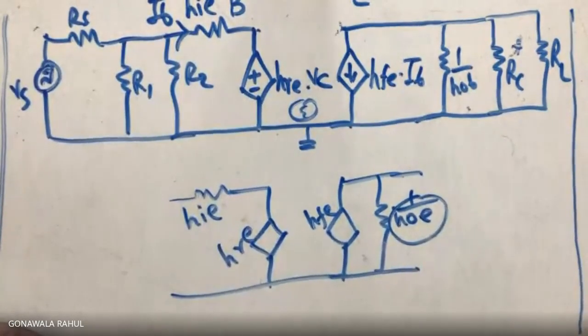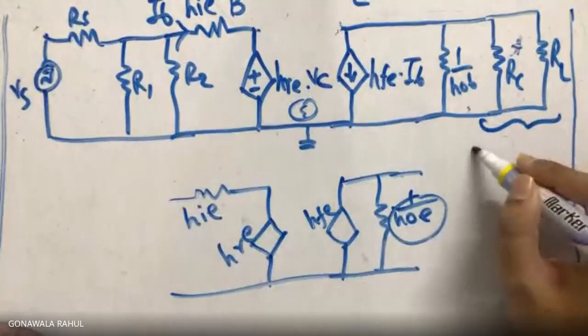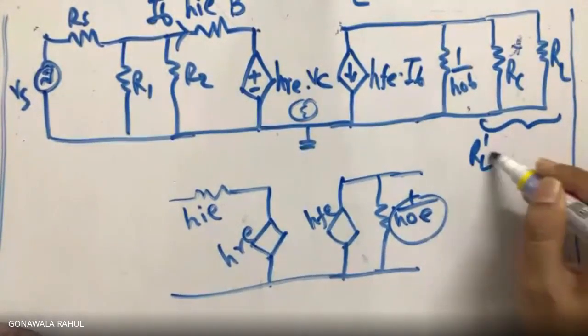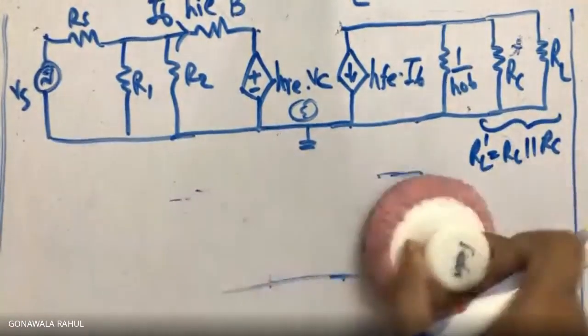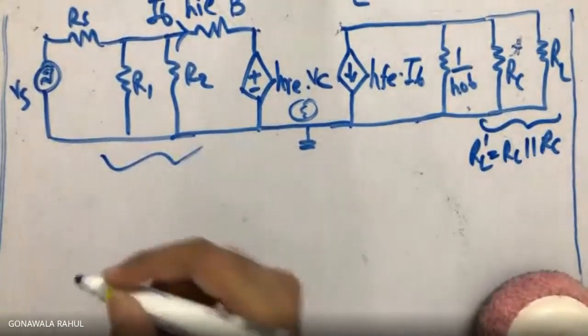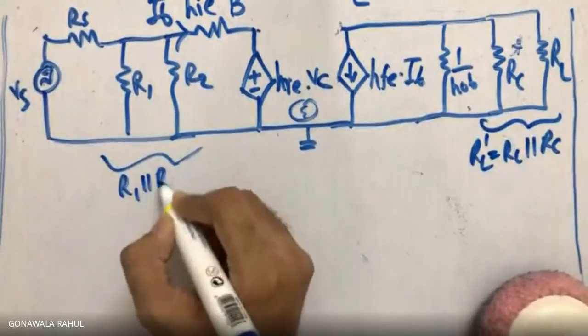Now a few modifications are still possible. Let's say this parallel combination I denote as RL dash, which is RL parallel RC, and this combination you can write as the equivalent parallel R1 parallel R2.